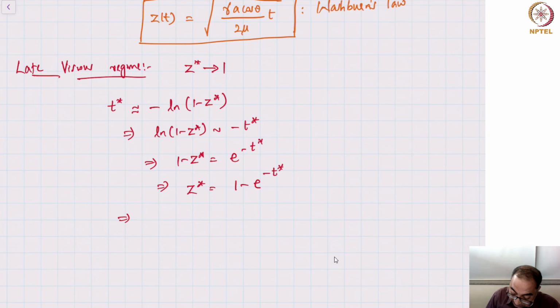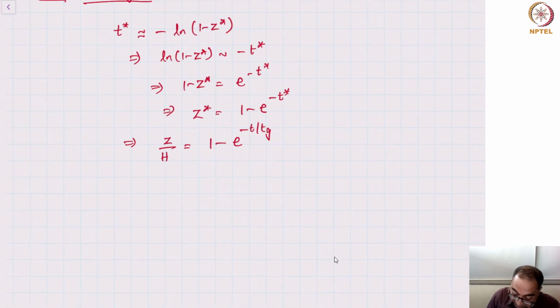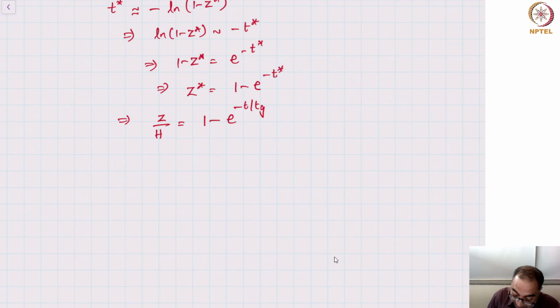Or in other words, z over h is equal to 1 minus e power minus t by tg. Or in other words, z of t is equal to h of 1 minus e power minus t by tg.